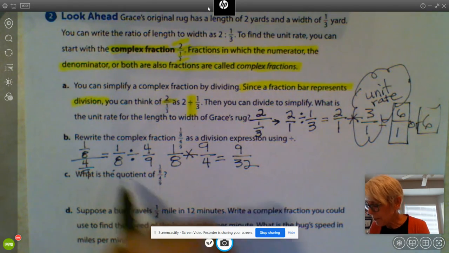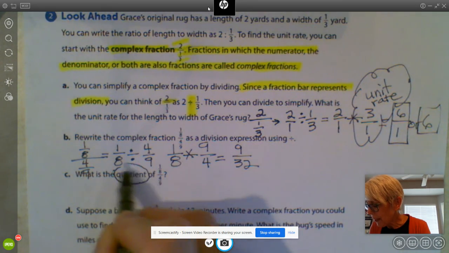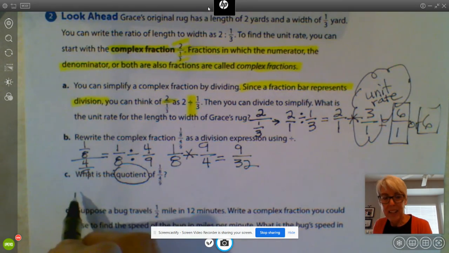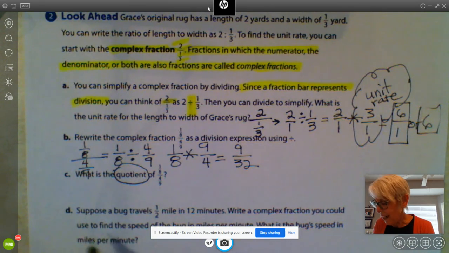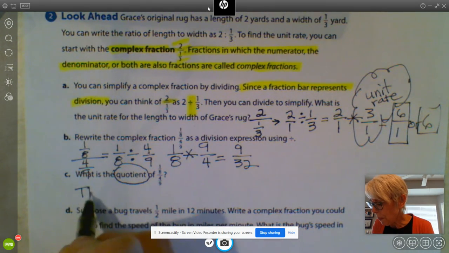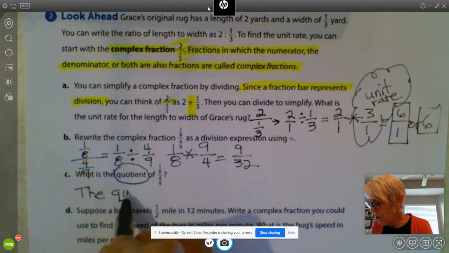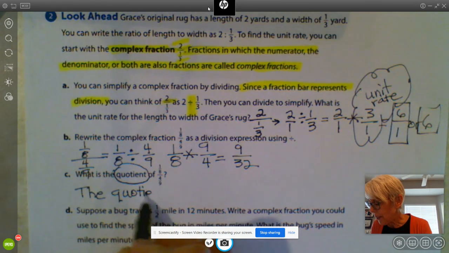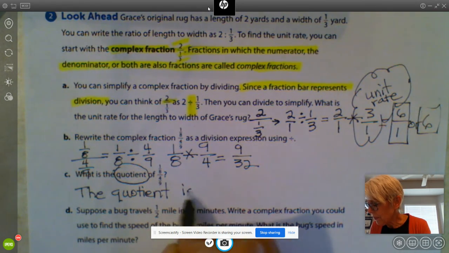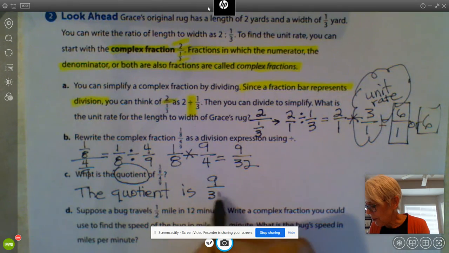So a quotient, that's our answer. And let's just write the quotient is 9 over 32. And we're using that academic vocabulary. It's 9 over 32.